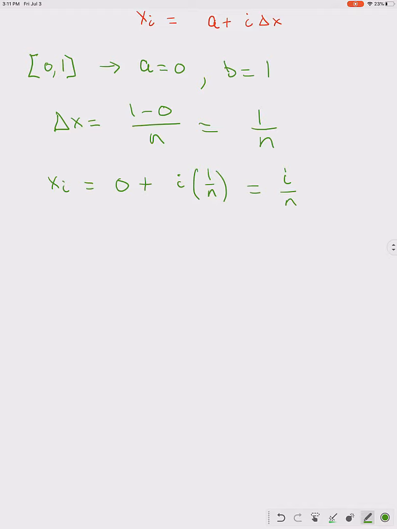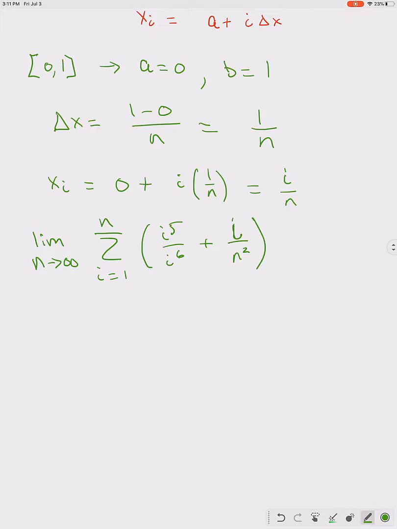Okay, so let me recopy the problem here. This is the limit as n approaches infinity of the summation i equals 1 to n of i to the fifth over n to the sixth plus i over n squared.